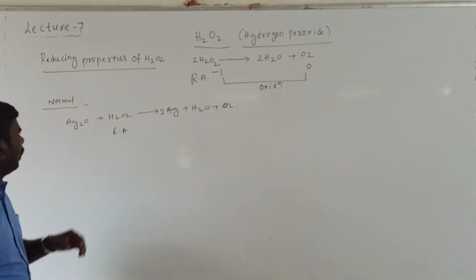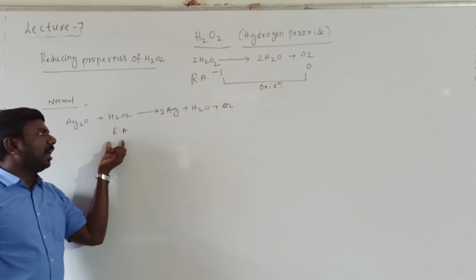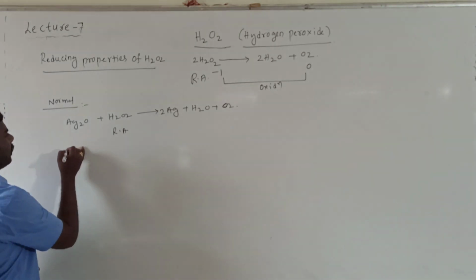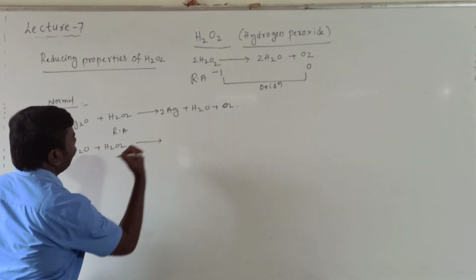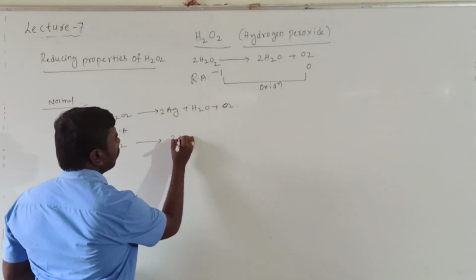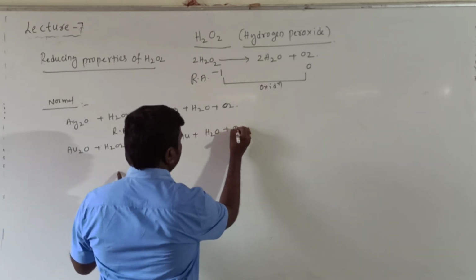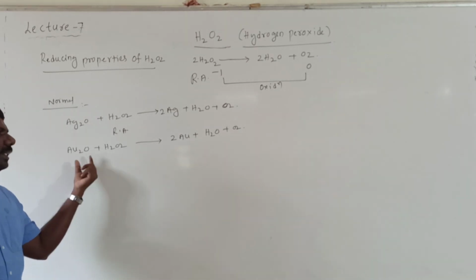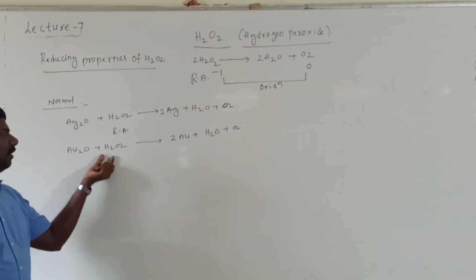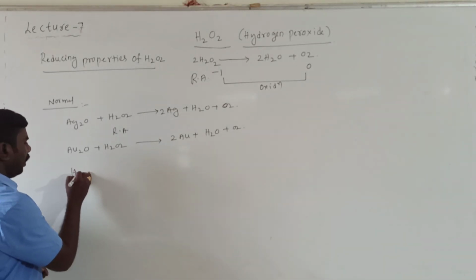Reducing agent. Silver oxide is reduced to silver by H2O2. Next, Au2O plus H2O2, hydrogen peroxide, gives 2 moles of gold plus H2O plus O2. Auric oxide is converted into aurum by which one? That is H2O2 acting as a reducing agent.